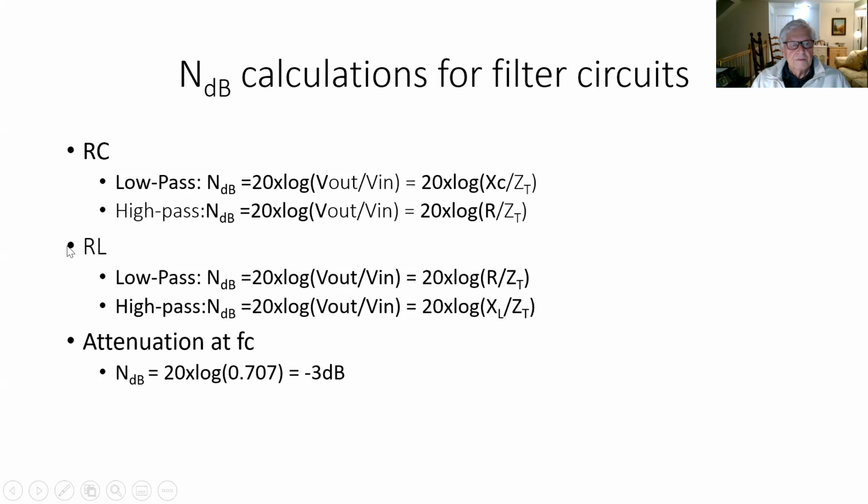And conversely, for the RL, we use the opposite. For low pass, we go across the resistor and compare it to the total impedance. But for high pass, we use the inductive reactance and compare it to the total impedance. And attenuation at FC gets to where we're using 20 times the logarithm of 0.707.